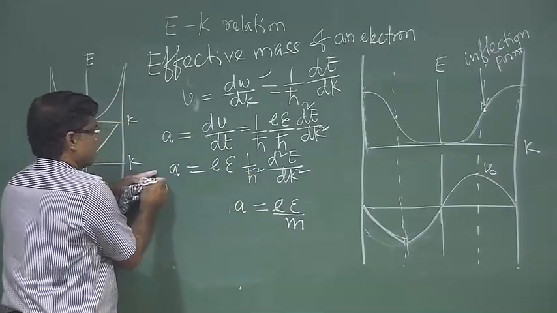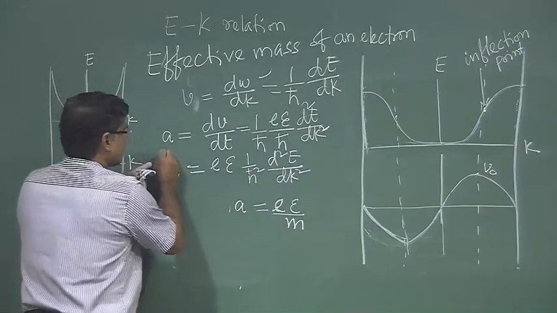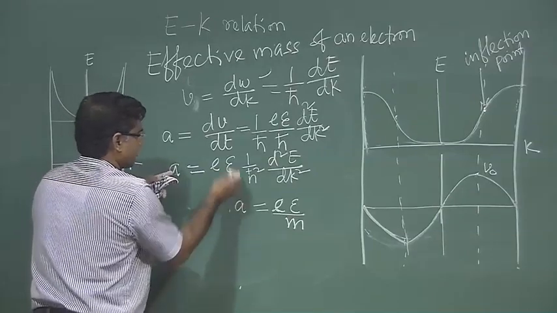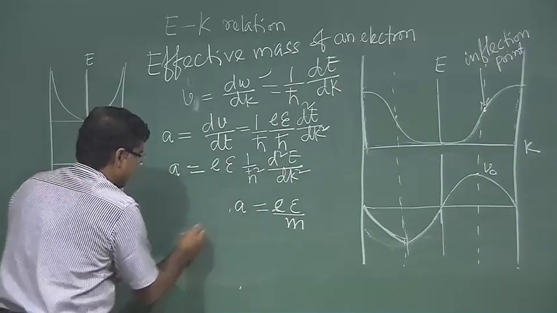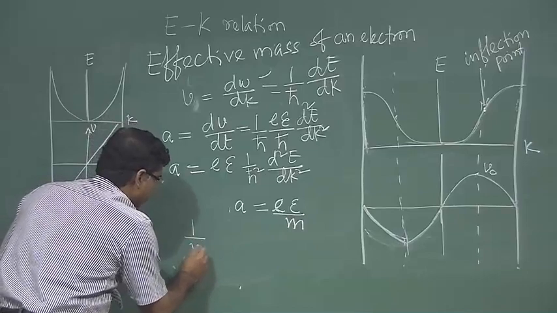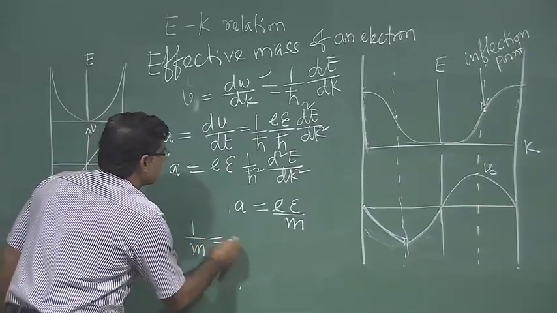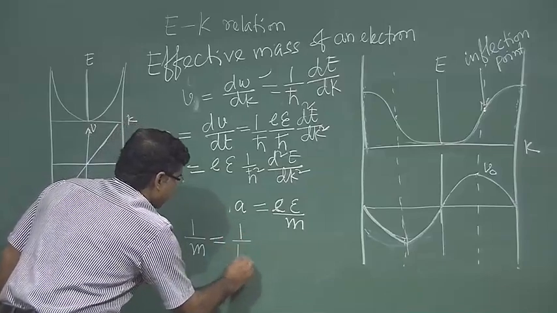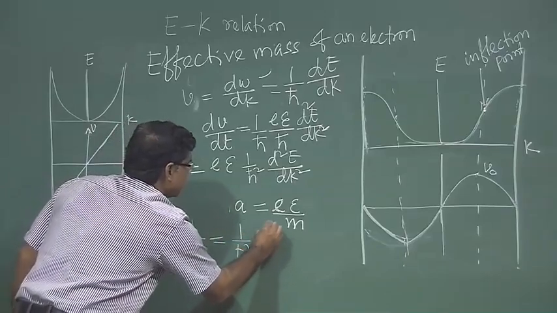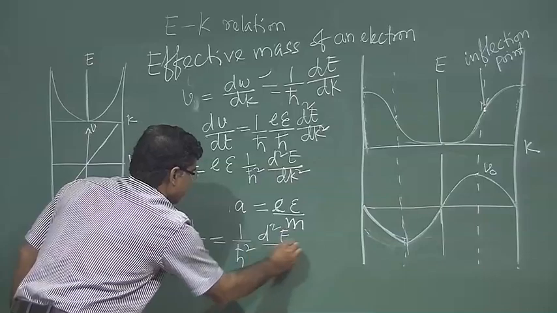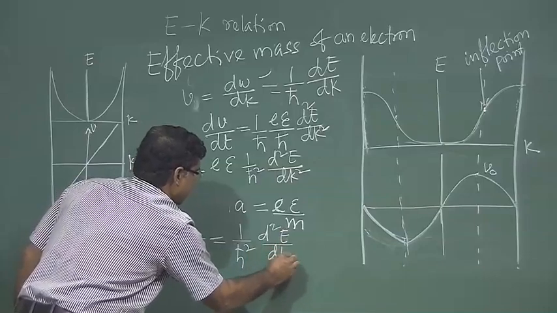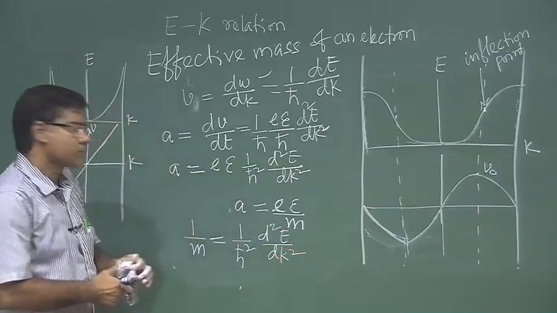Now, if I compare these two, then I can write 1 by m equal to 1 by h cross square d2E by dk square, right.